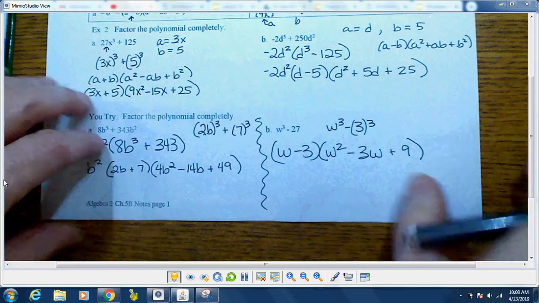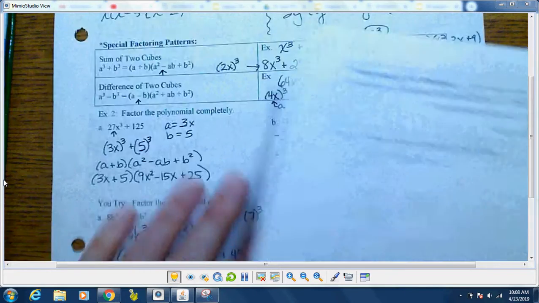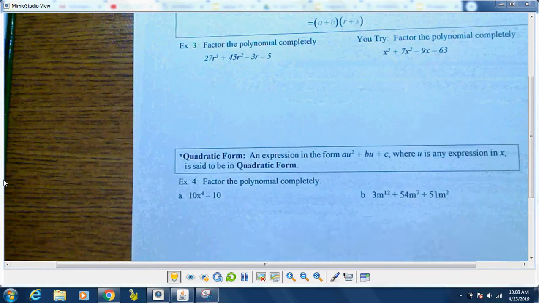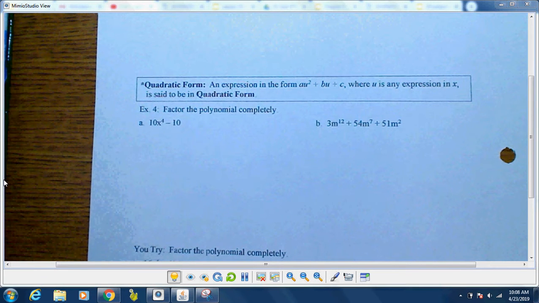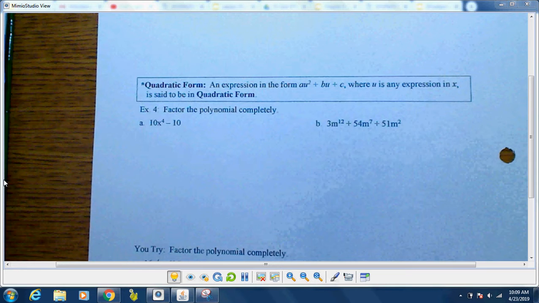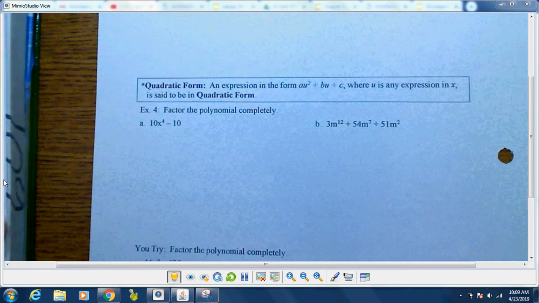All right, flip your paper over. I'm going to get a clean copy because I'm pretty sure my pen would bleed through. All right, factoring by grouping. So for some polynomials, you can factor by grouping pairs of items that have a common monomial factor.